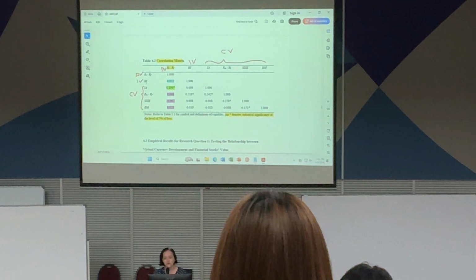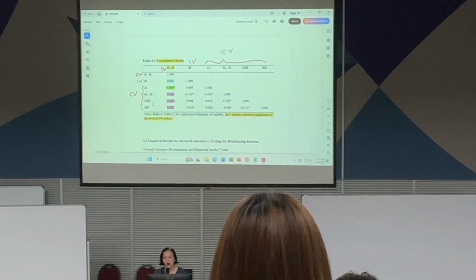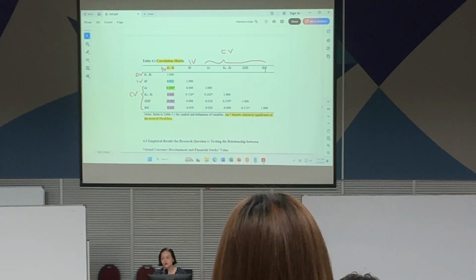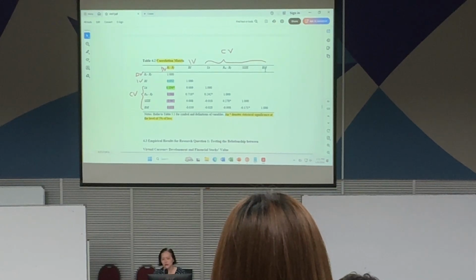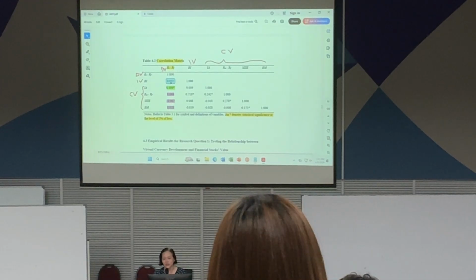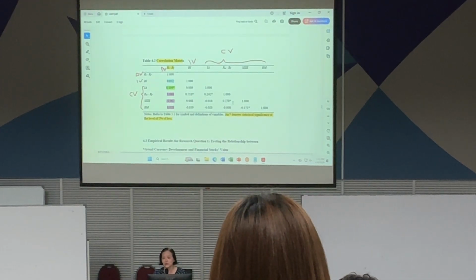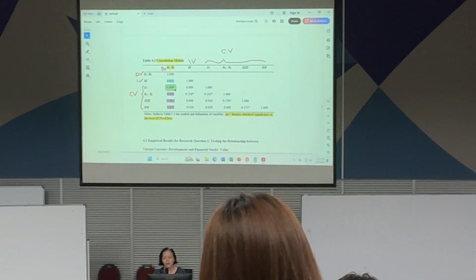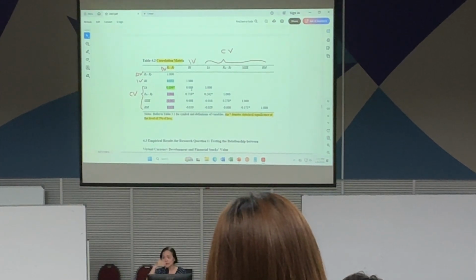If you got control variables, they go on the first column. On the first row, the same thing. DV, IV, and the rest, if you have control variables, are your control variables. Then you key in, you follow your output, isn't it? What you key in is the correlation, the one I highlight in yellow for you, isn't it? And then the star will be the p-value, the second row, isn't it?